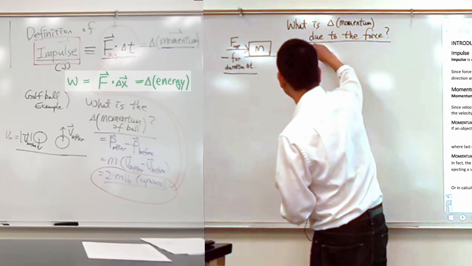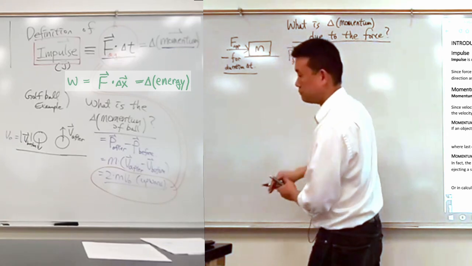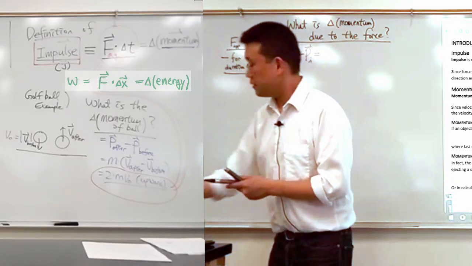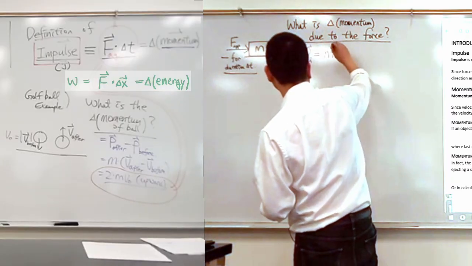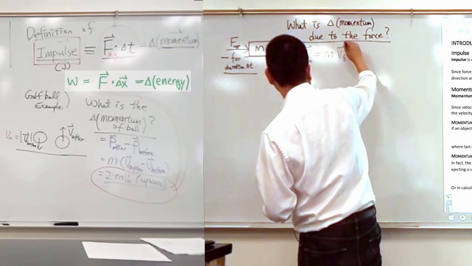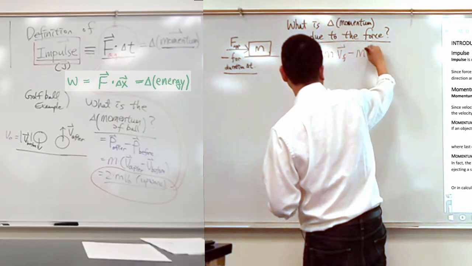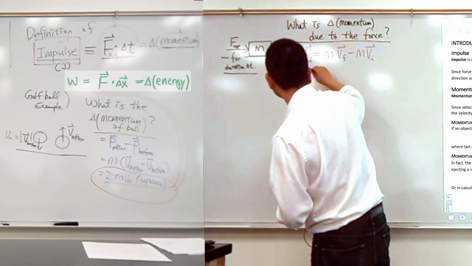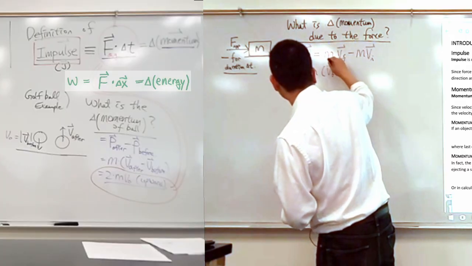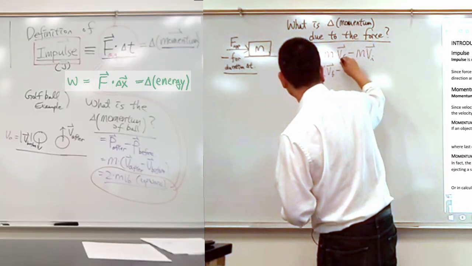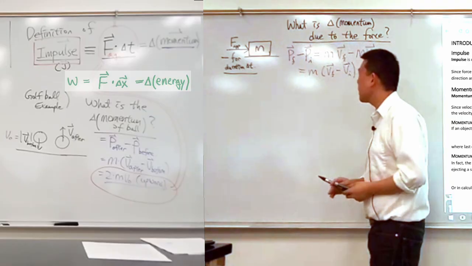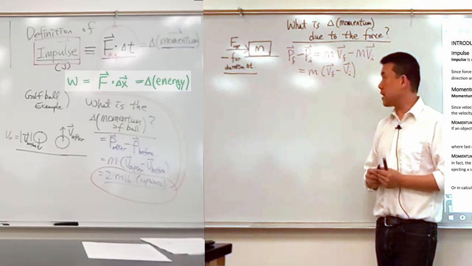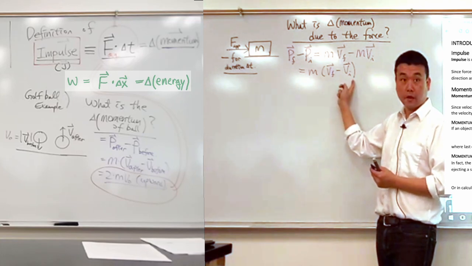So this would be equal to, using the definition that's written there, mass times V final minus mass times V initial. Factor out mass. So mass times V final minus V initial. Seems like I'm stuck for right now, because the information I'm given has nothing to do with the velocity.